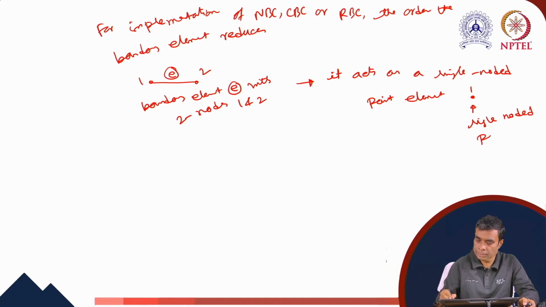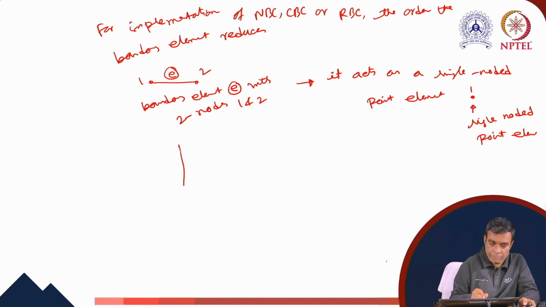Single noded point element. Similarly, if there is a boundary like this on which we have a quadrilateral element with local nodes 1, 2, 3 and 4, here Q0 is specified.